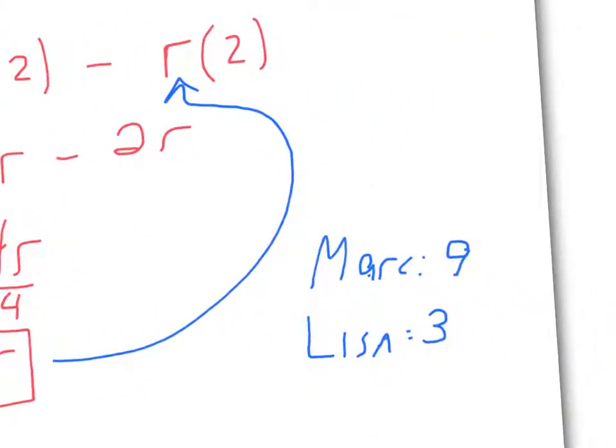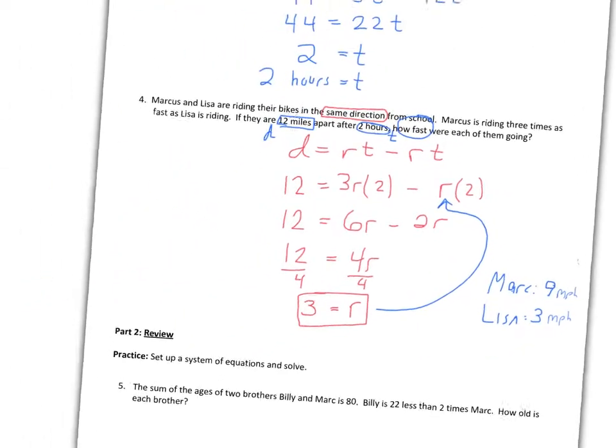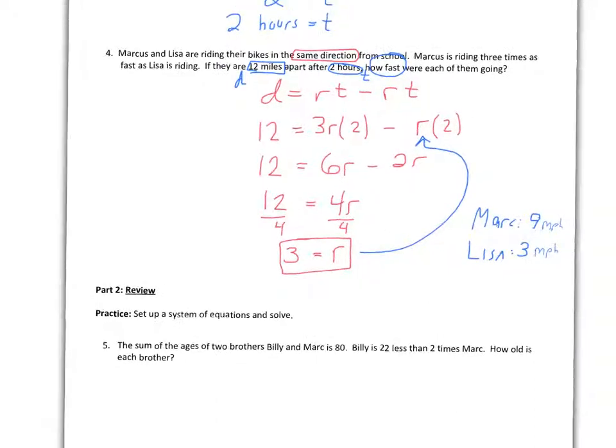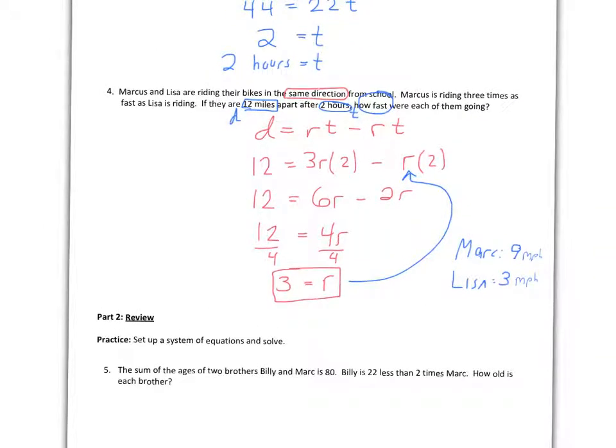So let's put those units in. 9 miles per hour and 3 miles per hour. Okay, so key on that problem is understanding that their rates are not the same. So this sentence that I'm circling in red right here tells you that you're going to have 2 different rates, but they're still rates. You're still going to use R as the variable.